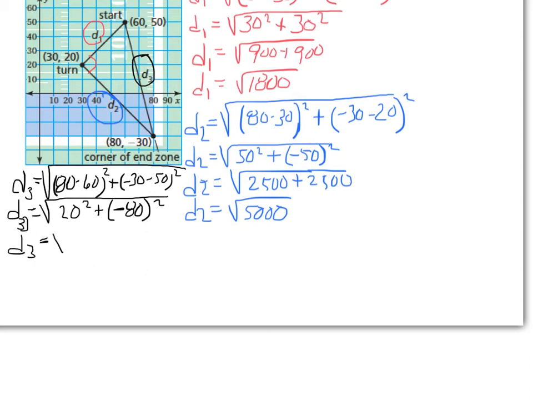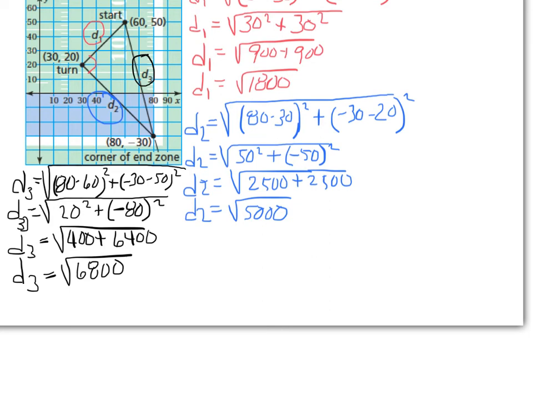D3, 400 plus 6400. D3 is the square root of 6800. So again, I'm leaving all those the way they are for now, just so that we don't have to look at approximating things and figuring that kind of stuff out.